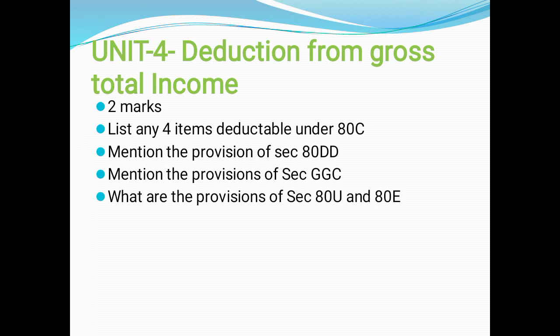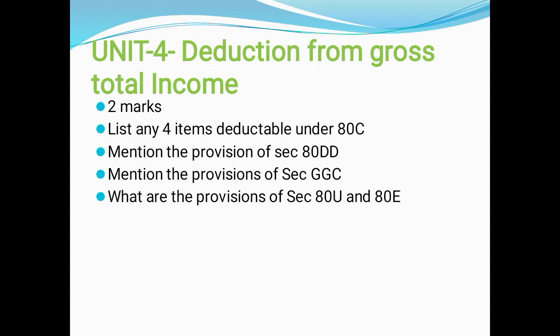That is, it may be the life insurance which is paid, or contribution to pension fund, or rent paid to a residential house by an assessee to the landlord, or contribution made by the company or any person to political parties, or donation given to certain charitable institutions, or interest on loan we have paid, especially which we have taken for house construction, or interest on loan taken for pursuing higher education, medical treatment expenses, medical insurance premium. So there are many deductions which are available under section 80 CCC to 80 U.